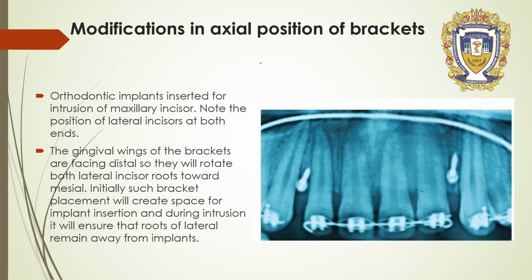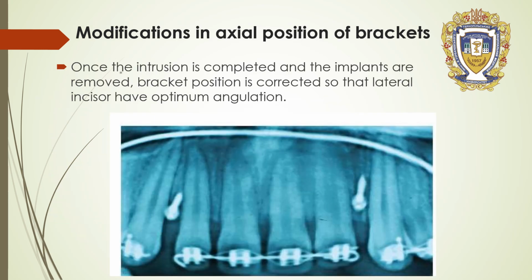Initially, such bracket placement will create space for implant insertion, and during intrusion, it will ensure that roots of lateral incisors remain away from implants. Once the intrusion is completed and the implants are removed, bracket position is corrected so that lateral incisors have optimum angulation.